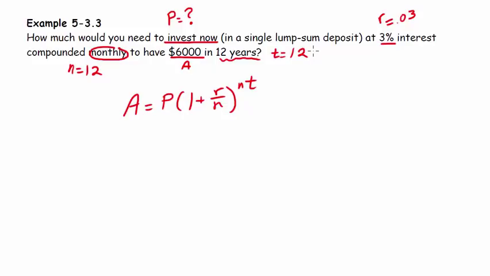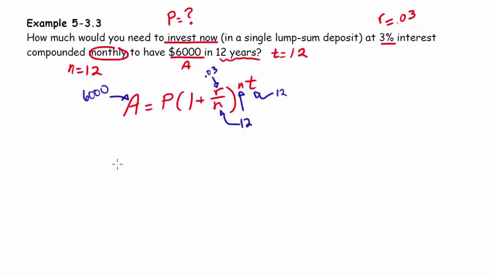Let's plug in what we know. A is $6,000. R is 0.03. N is 12. And T is also 12.